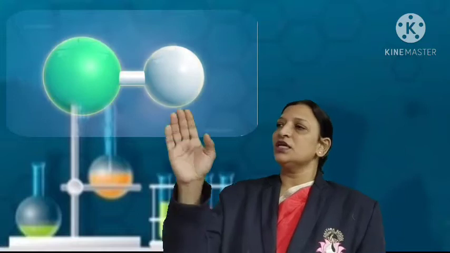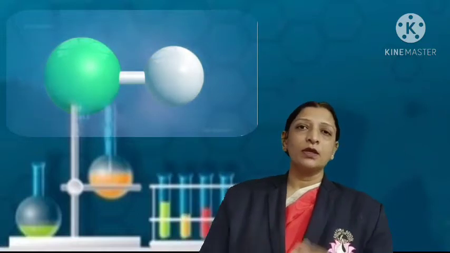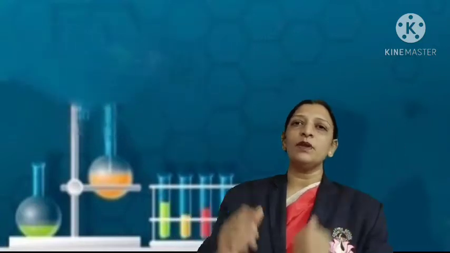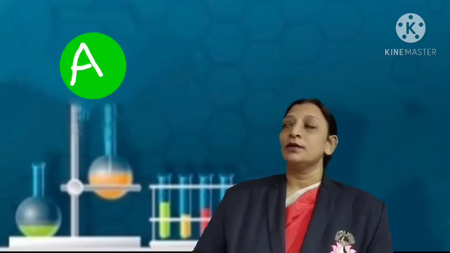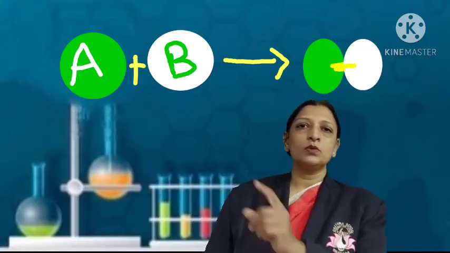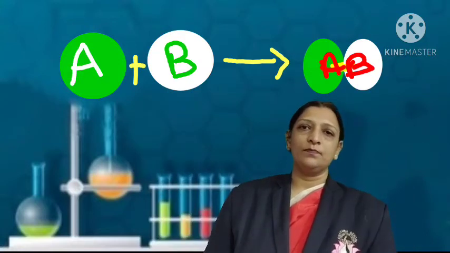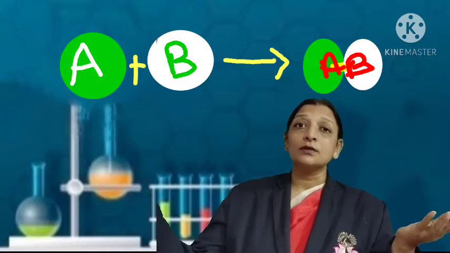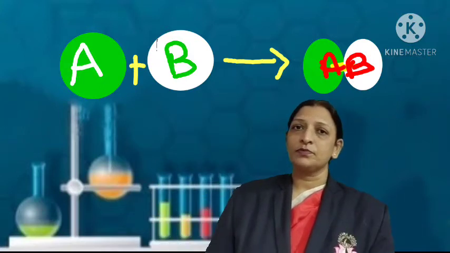Substance A combines with another substance B, and as a result of the chemical reaction between A and B, the new single product AB is formed. A reacts with B to give product AB.